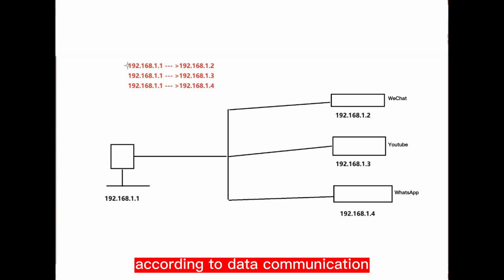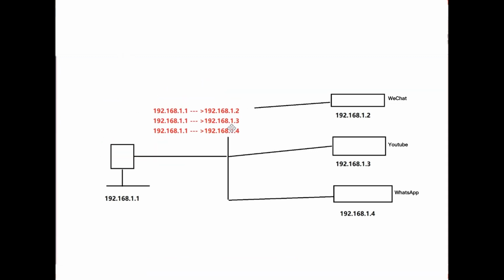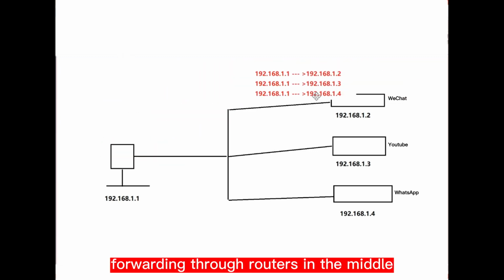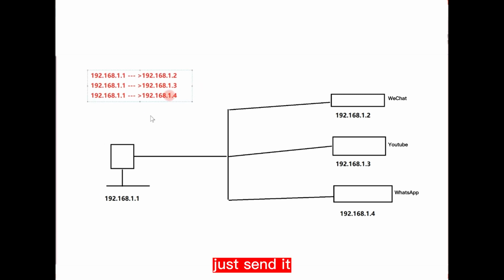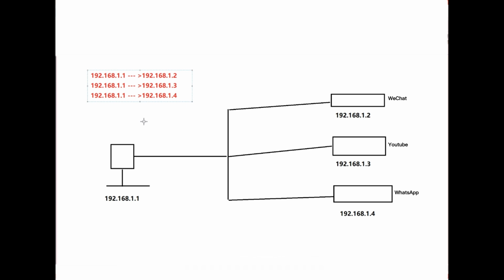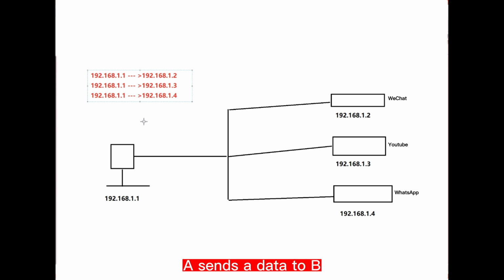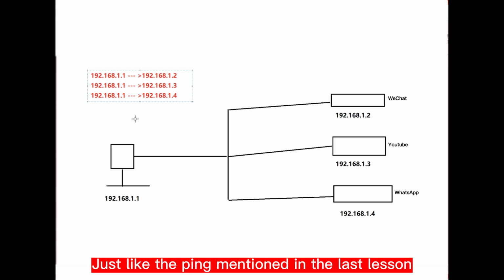According to data communication, this data can definitely pass. Find the address of the server, forwarding through routers in the middle. Just send it. But between the data, the principle of data communication we pay attention to is what is called data comes and goes. A sends a data to B. B has to reply a data to A. Just like the ping mentioned in the last lesson.